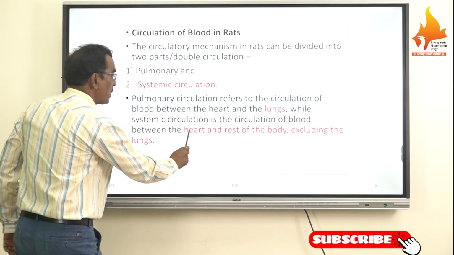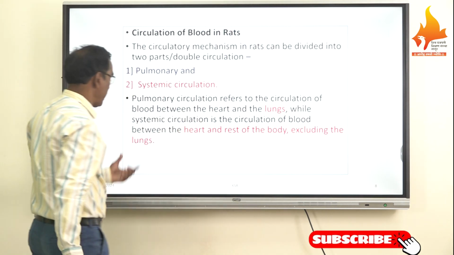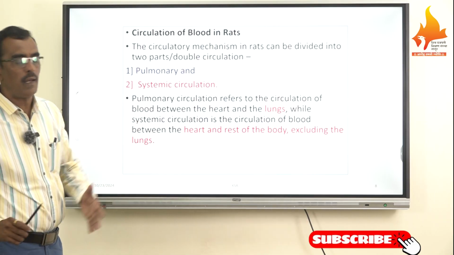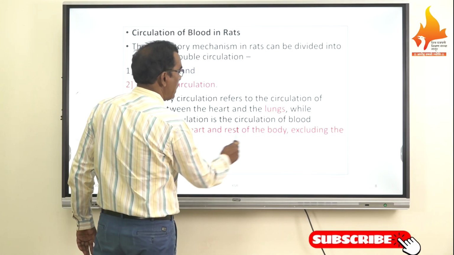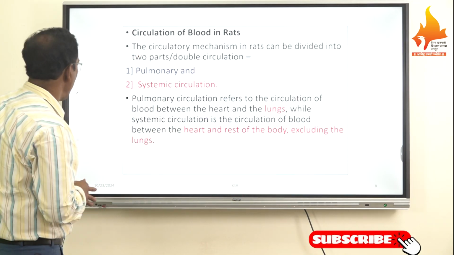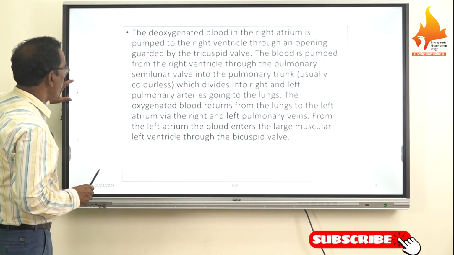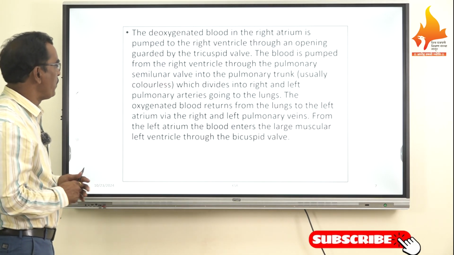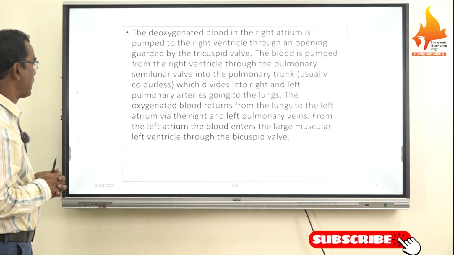Systemic circulation is the circulation of the blood between the heart and the rest of the body, excluding the lungs. Lungs are not part of the systemic circulation. The circulation takes place through the aorta to the rest of the body, and the pure blood is given to each and every part of the body. At the same time, if you observe the heart, oxygenated and deoxygenated blood are kept separate.